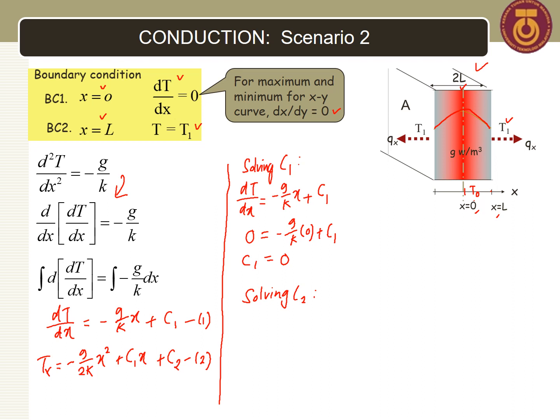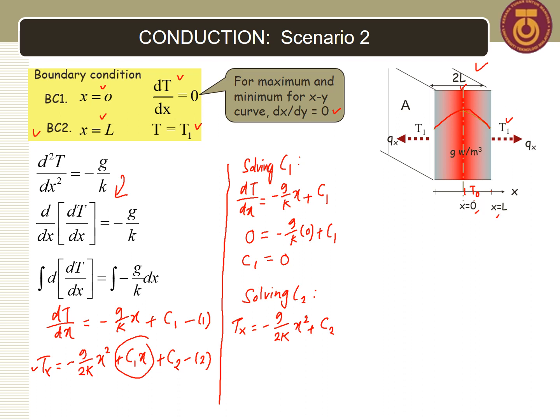Okay, solved for c1. Now let's solve for c2. For c2 we refer to equation number 2 and boundary condition number 2. T(x) equals negative g over 2k x squared plus c1, and c1 is 0, so this part can be removed, plus c2.